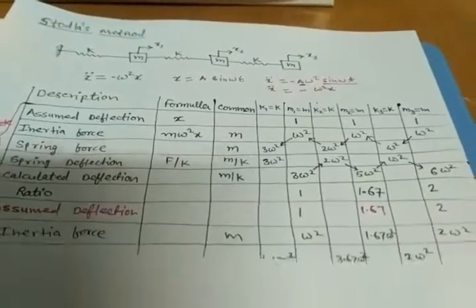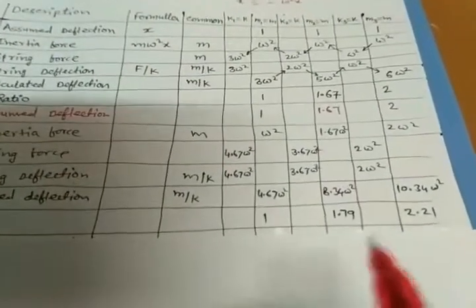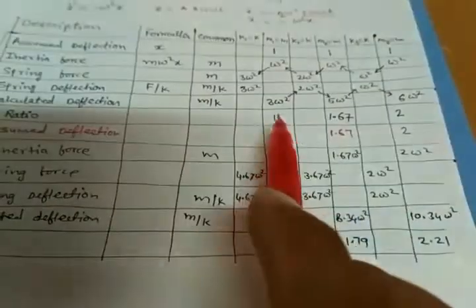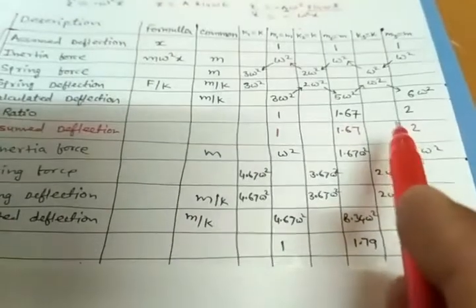So you can see here, I have calculated. Our assumed deflection is 1, 1.67 and 2. These ratios only I have assumed here.